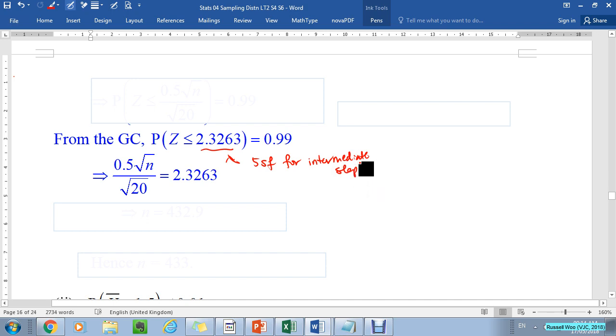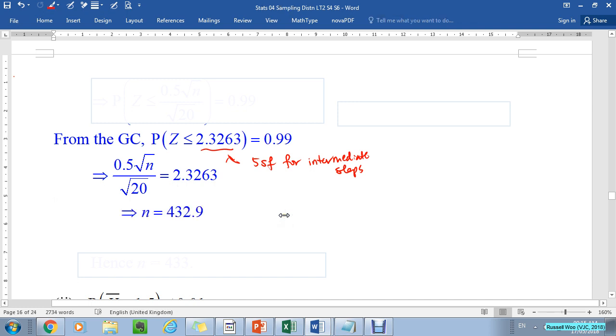Okay? One equation, one unknown, you just bring it across and you square both sides. I don't think it's difficult to find n.